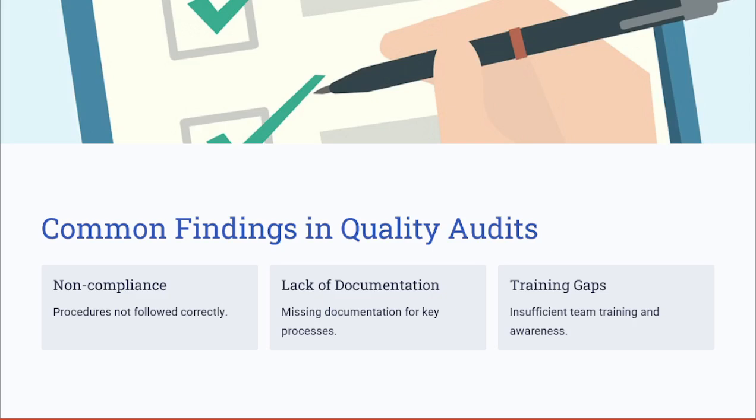We say the non-compliance with the procedures, missing documents, not following the PMP guidelines, let's say not conducting an inspection, not verifying the deliverables, not engaging with the stakeholders, not documenting any changes. So all of these can be quality audit findings, which the auditors can find in any project. Also, the lack of documentation for these key processes might impact the quality of the project.